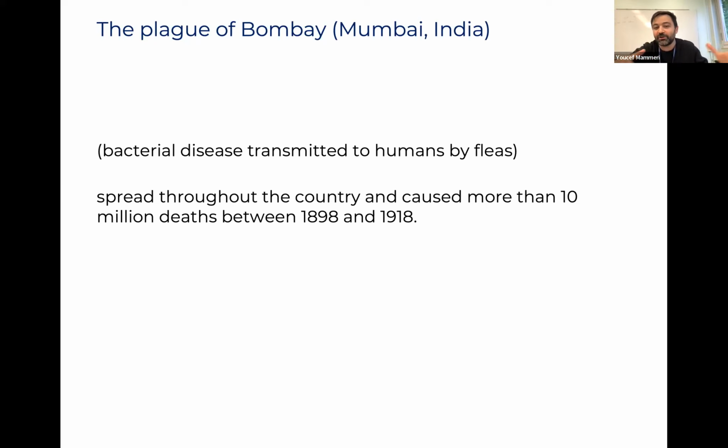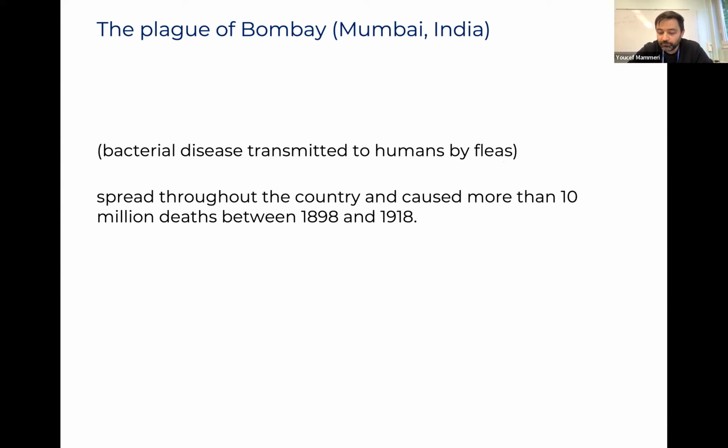But when we understood that it is not humans who give the bacteria but fleas, it changed a lot. Bombay is today Mumbai in India, but at that time it was part of the UK.